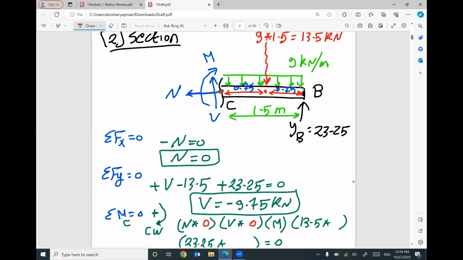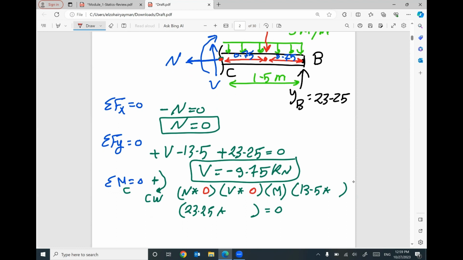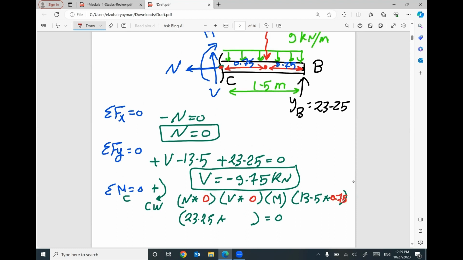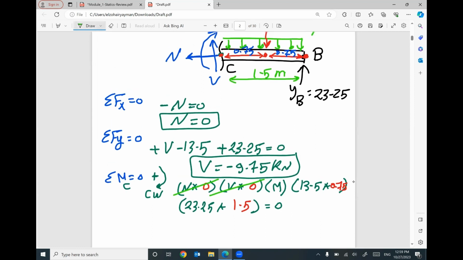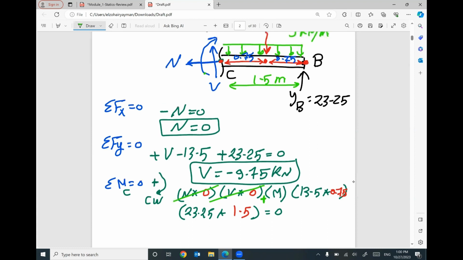What is the distance between 13.5 at this location and the point C? It's 0.75. The distance between YB at point B and C, it's 1.5. I don't care about this term. I don't care about this term. Based on my assumption, this M is clockwise, which is positive. 13.5 will rotate clockwise, positive.